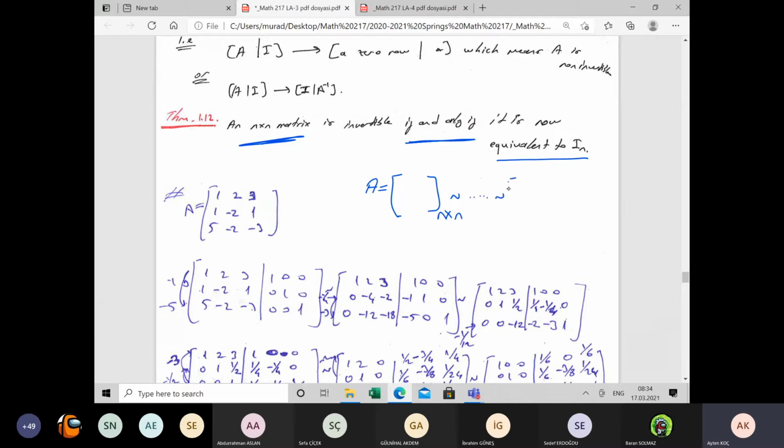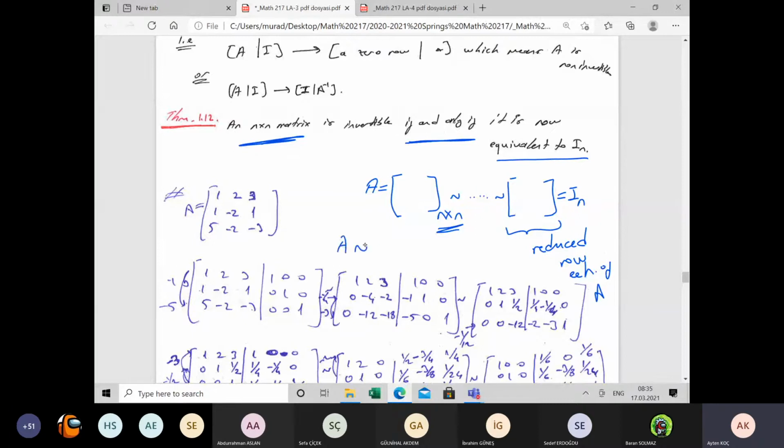If this one is the identity matrix, of course n by n, the identity matrix of order n, then this is the reduced row echelon form of the matrix A, and it means A is row equivalent to the identity matrix.